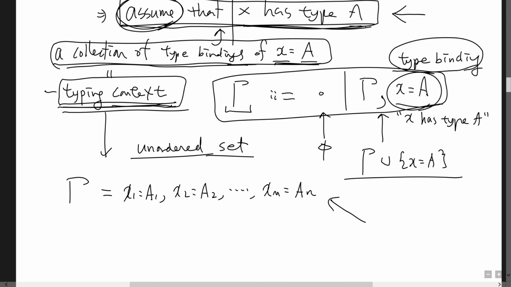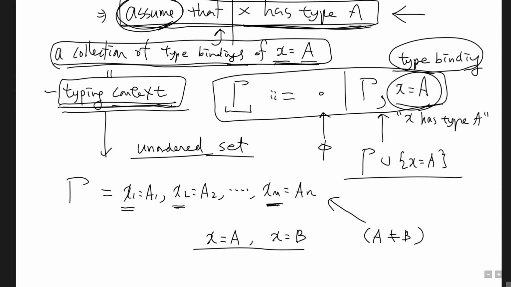What if these variables clash in their names? What if we contain two type bindings that clash with each other, x has type A and x has type B, where A is not equal to B?